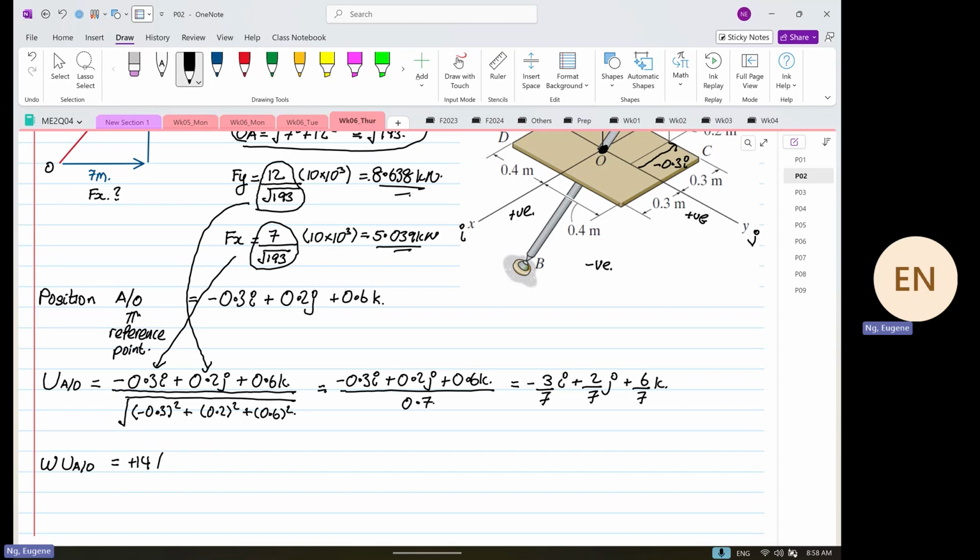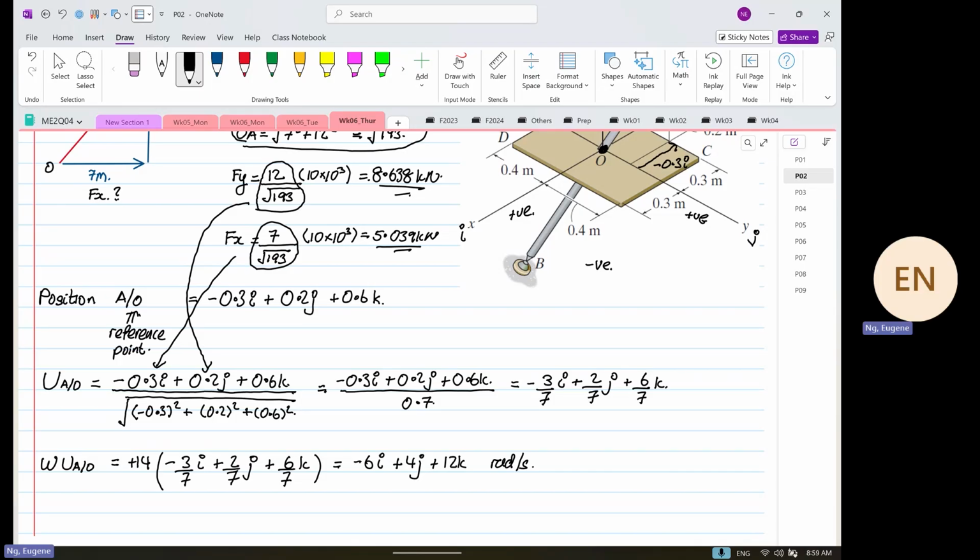And then we are just going to multiply by minus 3 over 7 I plus 2 over 7 J plus 6 over 7 K. Okay. So this will be equal to minus 6I plus 4J plus 12K, and this is in radians per second. Okay.